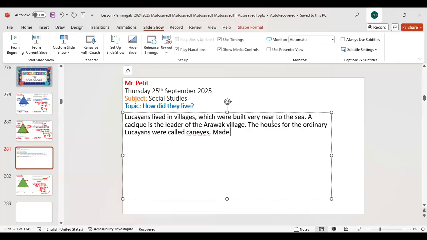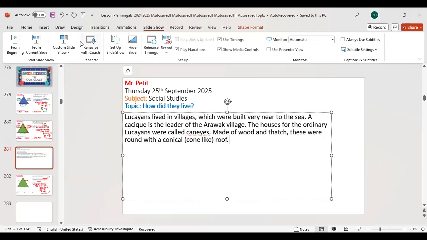They were made of wood and thatch. These were round with a conical, cone-like roof, like an ice cream cone.